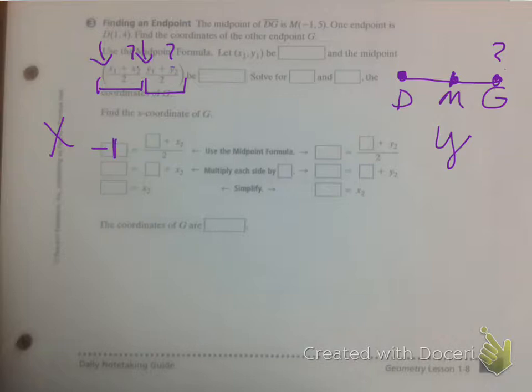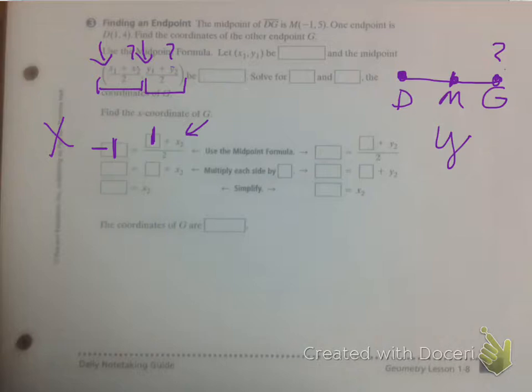I know the answer. And so now I'm trying to find the other endpoint. I know one endpoint, and that's D is 1, 4. So I'm going to put 1 here because 1 is my x1. So, I'm going to solve for x2, the other endpoint.